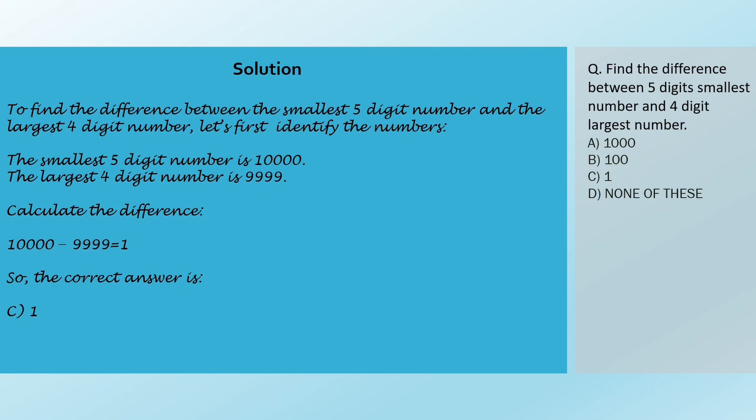But say someone asks you to find the difference between the smallest 90 digit number and the largest 89 digit number. Calculating it manually will be difficult, but because the difference between the smallest number of n plus one digits and the largest number of n digits is always going to be one, if you find a similar problem, you can use this approach.